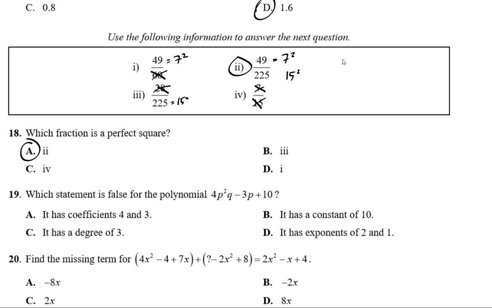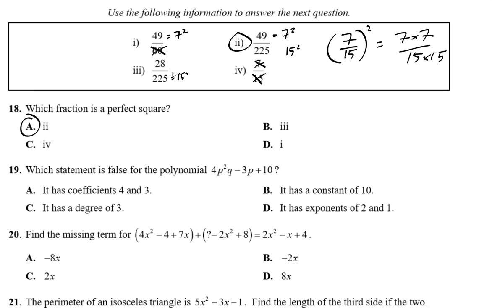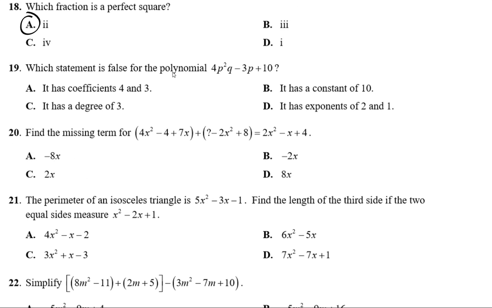So this is 7 over 15 squared, which is 7 times 7 over 15 times 15. All you got to do is check each of these, find the root. If you're finding the root of 28, you'll find that it's 5.29. That's not a whole number. That's not an integer, so it's not a good one.